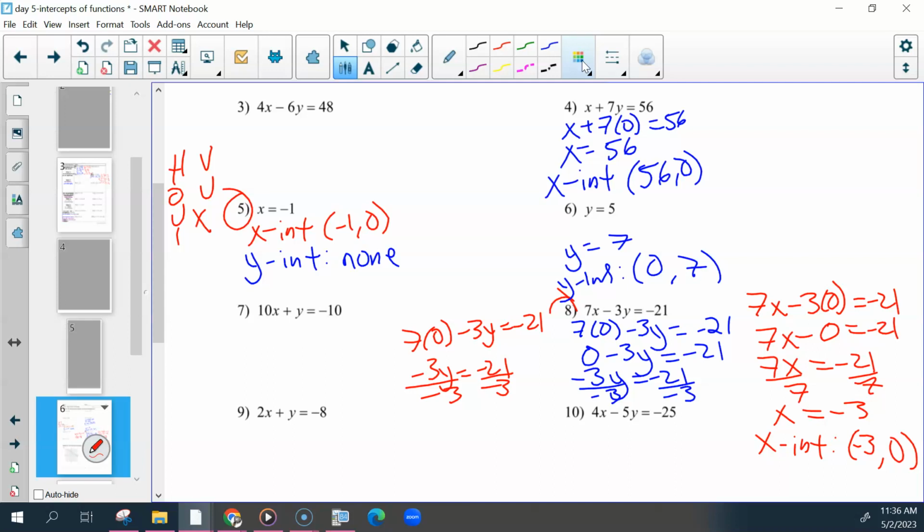We can do the same thing for the y-intercept. Put 0 in for x. We can drop the 0 and divide. What would your y value be?